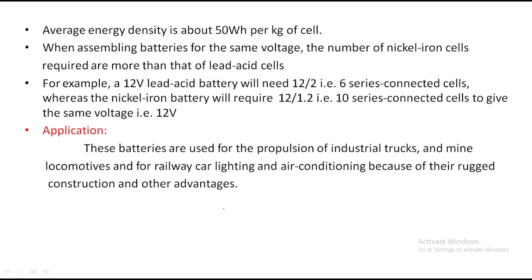To form a 12 volt battery, this is how we arrange it: this is one cell, and this is one cell, 1 2 3 4 5 6 cells. Each has 2 volts, and they are connected plus minus, plus minus in series.